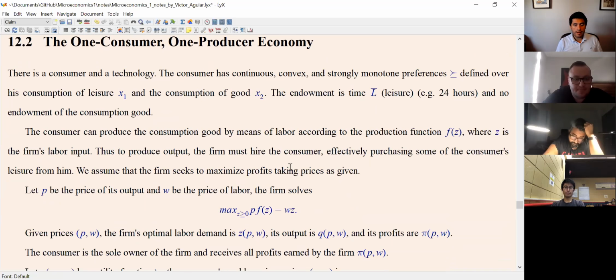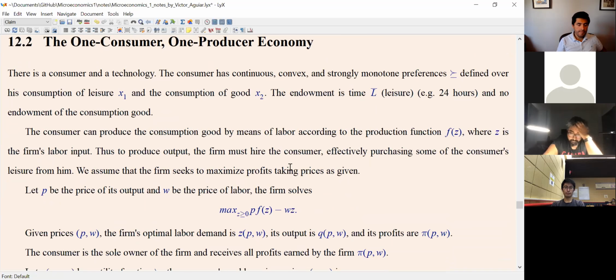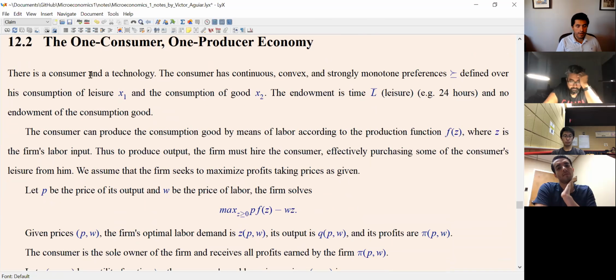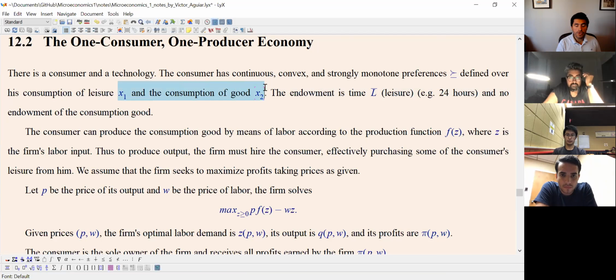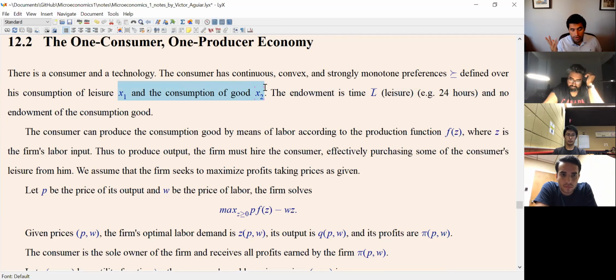So we're going to study and understand it within our notation. In this economy, there is a consumer and a technology. The consumer has continuous, convex, strongly monotone preferences defined over two goods, leisure, good one, and consumption of coconuts, good two. So this is the typical Robinson Crusoe economy, right? Leisure and coconuts, or consumption good x2.